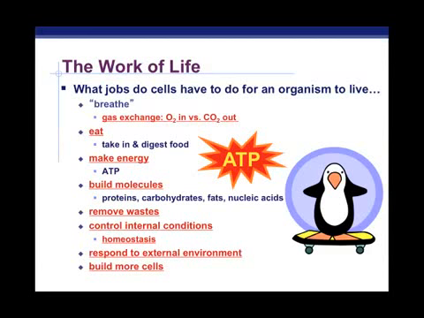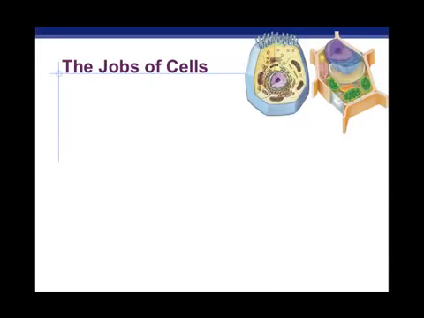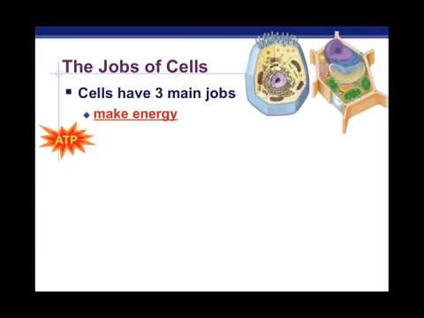And then cells need to create more cells. They die, they go through the cycle of life. They're born, they die, they get replaced. So there are three main jobs.